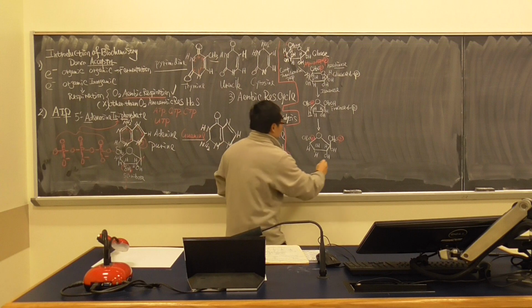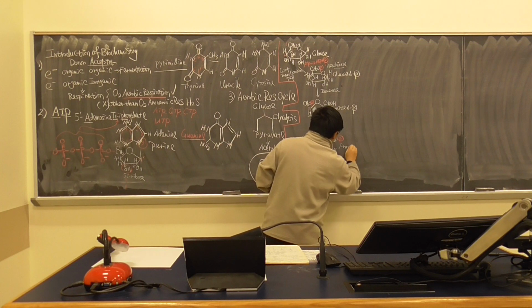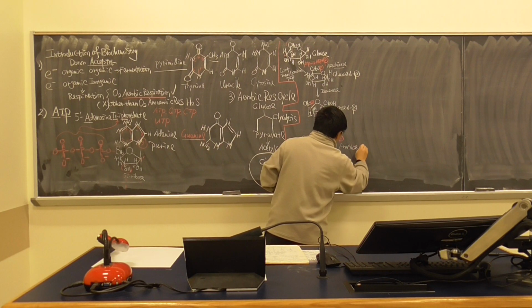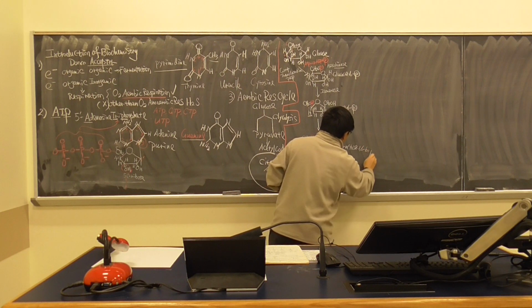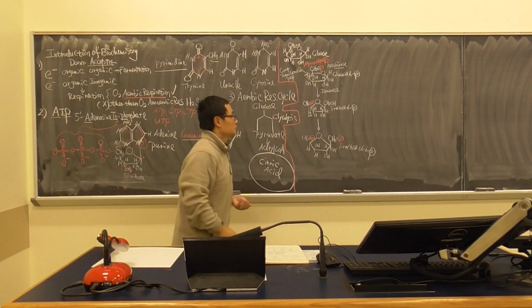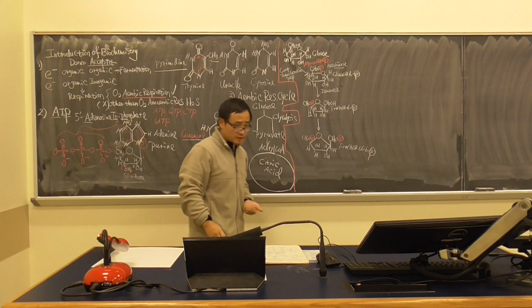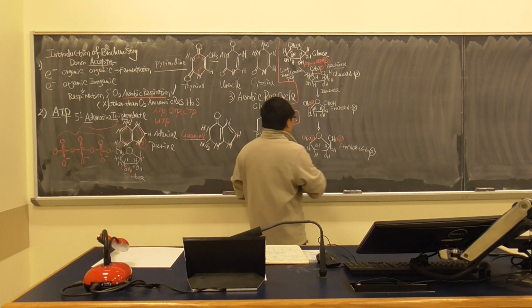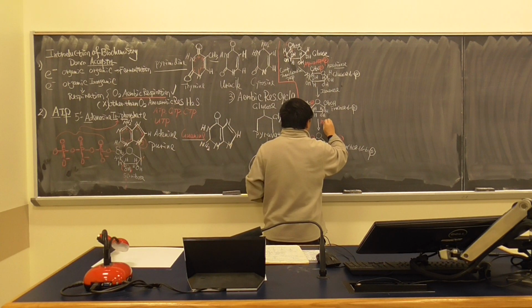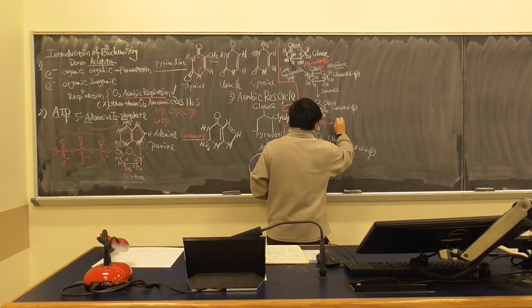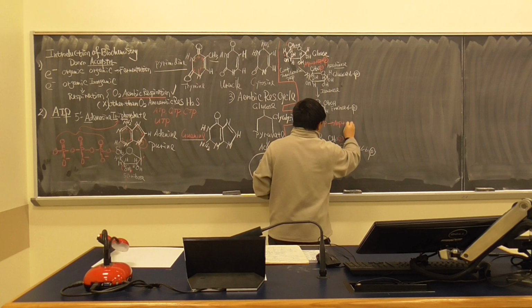This is called fructose 1,6-biphosphate. And again, the question, where does that phosphate come from? That is from, again, ATP, hydrolyzed, becomes ADP and the phosphate.